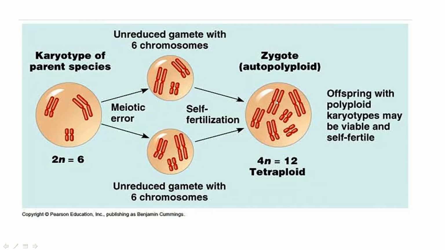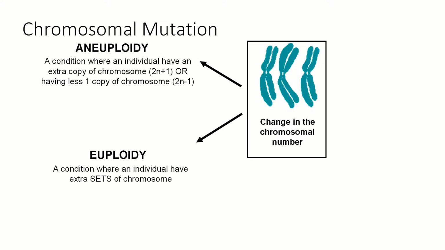As you can see, there are 4 big, 4 medium, and 4 small, making this individual 4n or tetraploid. This individual arises from the self-fertilization of 2 unreduced gametes. As you might have guessed, euploidy or polyploidy is more common in plants than in animals. So that is euploidy or polyploidy.